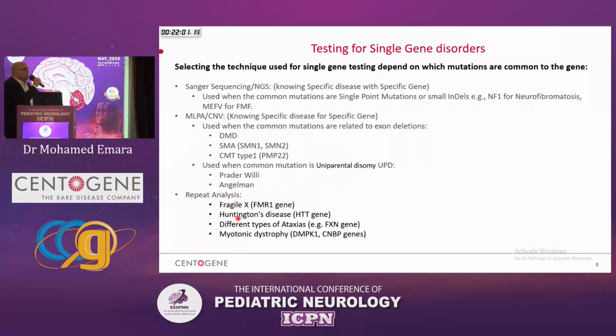There are different types of ataxias, as we know there are about 15 genes in ataxia related to repeat expansion, so the repeat expansion technique in ataxia is very essential to be considered. The FXN gene, related to frataxin and Friedreich ataxia, is already covered by the repeat expansion technique.